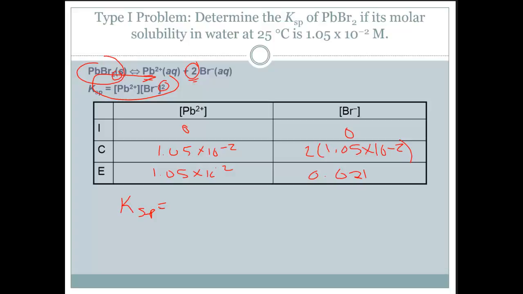The lead is 1.05 times 10 to the negative 2. And then the bromine is 0.021. Now because of this coefficient of 2, we're going to square that. That comes out to be a total of 4.63 times 10 to the negative 6.